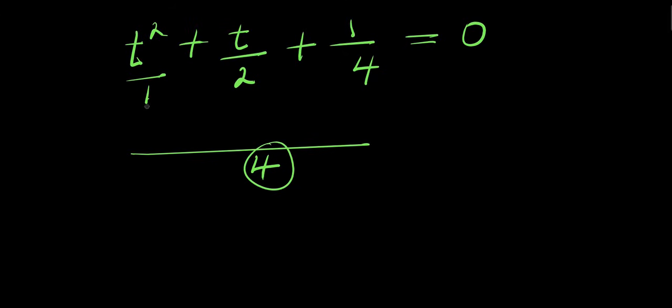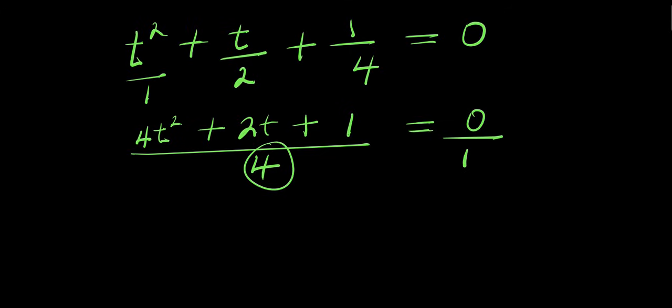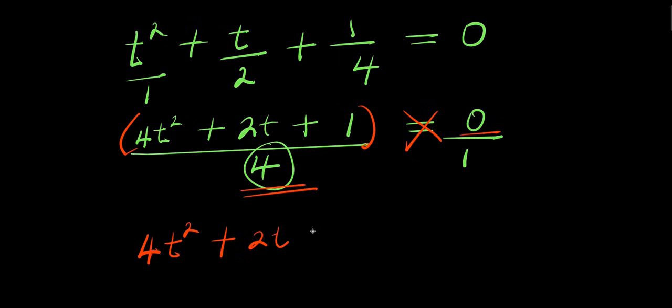I have 4 divided by 1, 4 times t squared. This is 4t squared plus 4 divided by 2 times t. This is 2t plus 4 divided by 4, 1 times 1 equals 0. And this over 1. We cross multiply. 4 multiplies 0, I have 0. This multiplies 1. I have 4t squared plus 2t plus 1 equals 0.